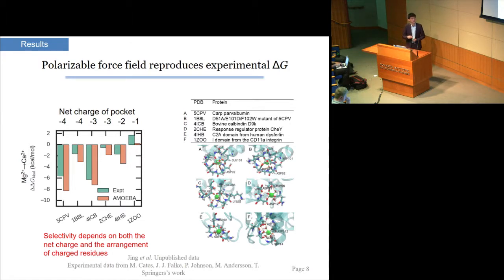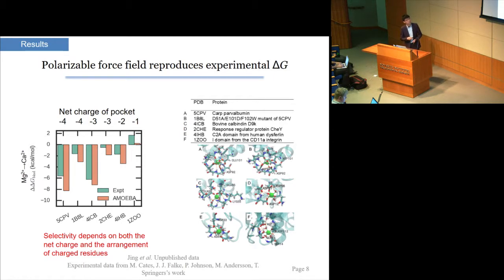The selectivity depends not only on the number of the charged residues, but also the arrangement of the carboxylic groups. For example, two proteins with the same net charge but different arrangement can have very different selectivity.